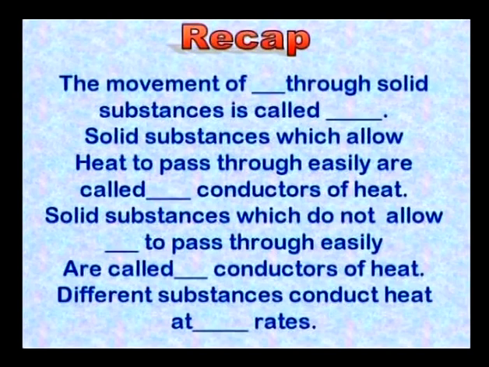Solid substances which do not allow heat to pass through easily are called poor conductors of heat. What is another name for poor conductors? Insulators. Different substances conduct heat at different rates.